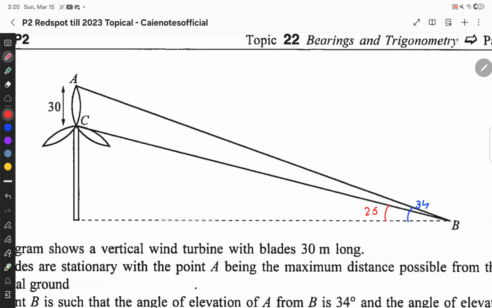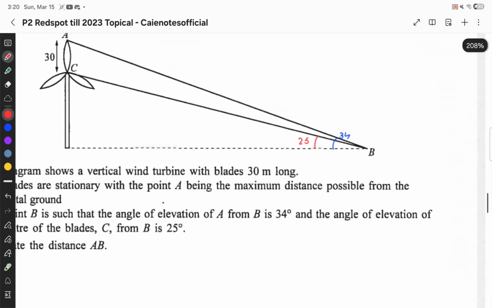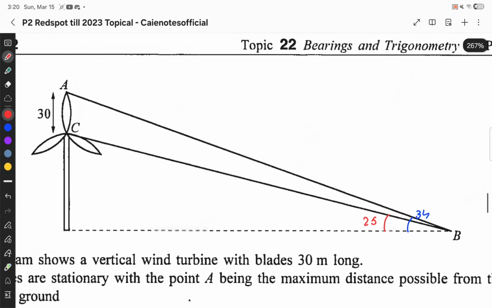So we can use some algebra. Let's call this x, and let's call this ground G.